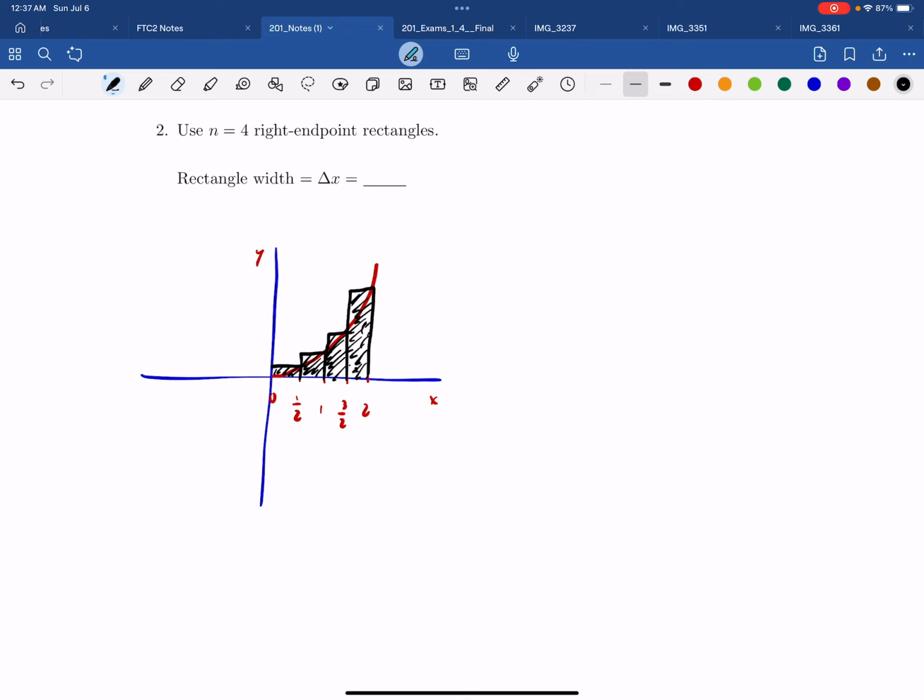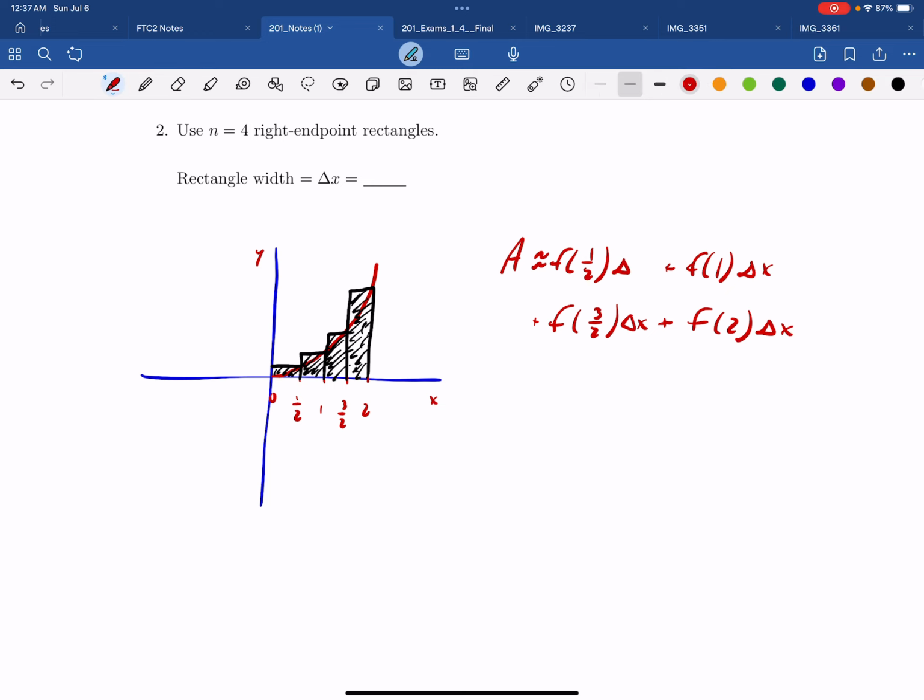Okay? So let's see what we've got here. The area, in this case, equals f of 1/2 delta x plus f of 1 delta x plus f of 3/2 delta x plus f of 2 delta x. You see how we're ignoring the 0, but we're including the 2. Every other term is actually the same.